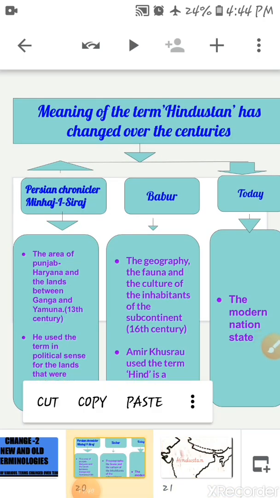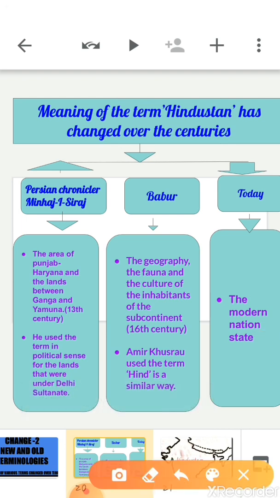Okay. Now after Minhaj Siraz, the term Hindustan was used by Babur in the 16th century. He used the term Hindustan in a very broader sense, and he included the geography, the fauna, and the culture of the inhabitants of the subcontinent. Right?